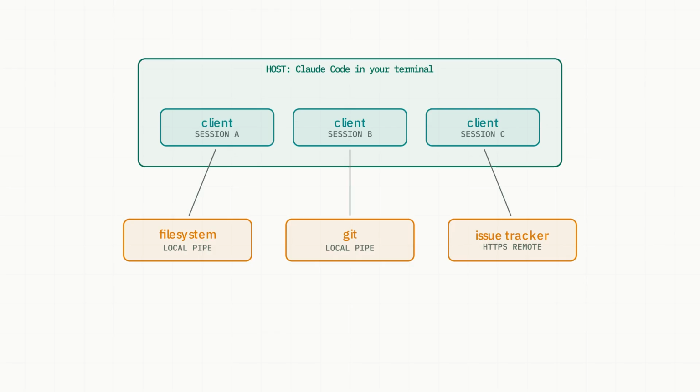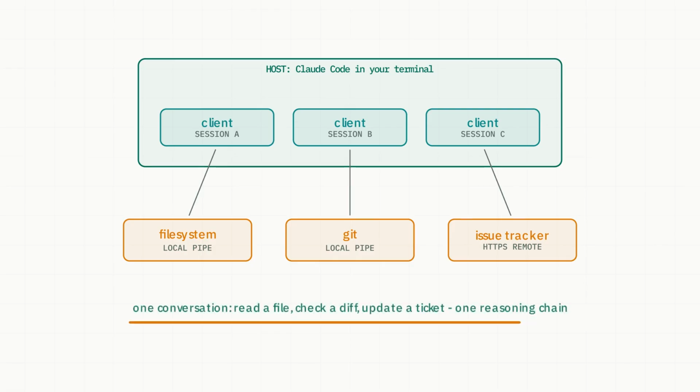The tracker client speaks HTTPS to a service across the network, and the host composes all of it into one conversation where the model can read a file, check a diff, and update a ticket in a single reasoning chain. 3 roles cleanly separated, and every debugging session starts by asking which of the 3 you're actually looking at.